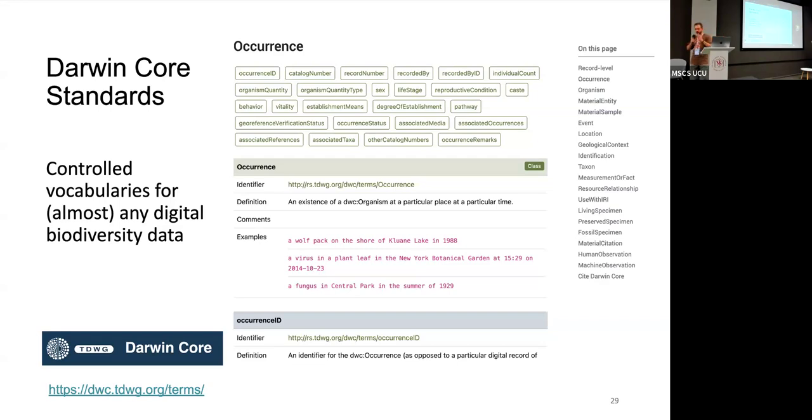So actual human beings, actual biologists who produce or digitize existing biodiversity data, might be able to read it, understand it, and use this controlled vocabulary to prepare biodiversity data at the first stage before it becomes fully machine readable.